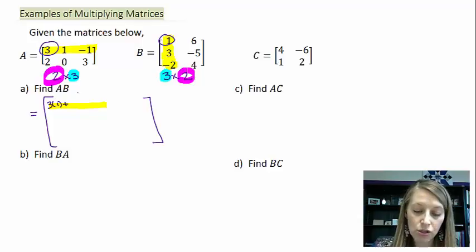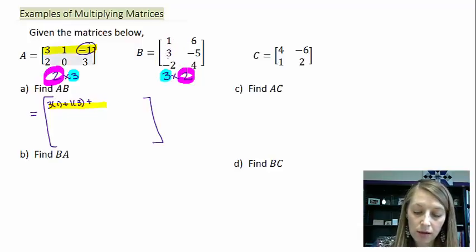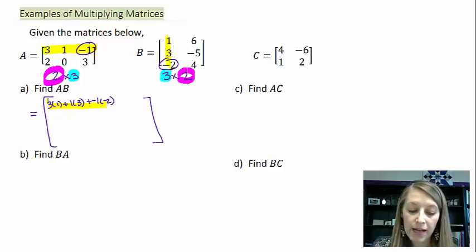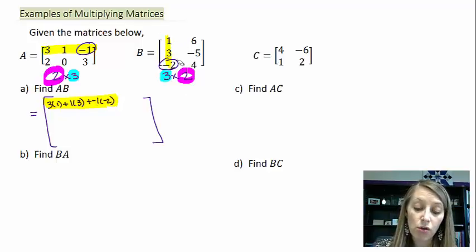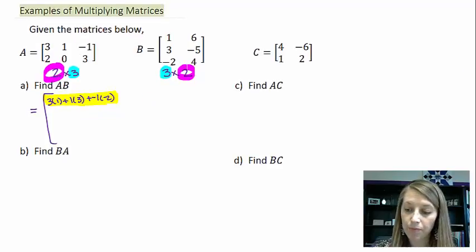And I add that to, next, my 1 times 3, and I add that to my negative 1 times my negative 2. So again, I am partnering this up with this here, and that's what's going into my top left. Okay? So that is one of my 4 entries. I need to probably make this guy bigger.